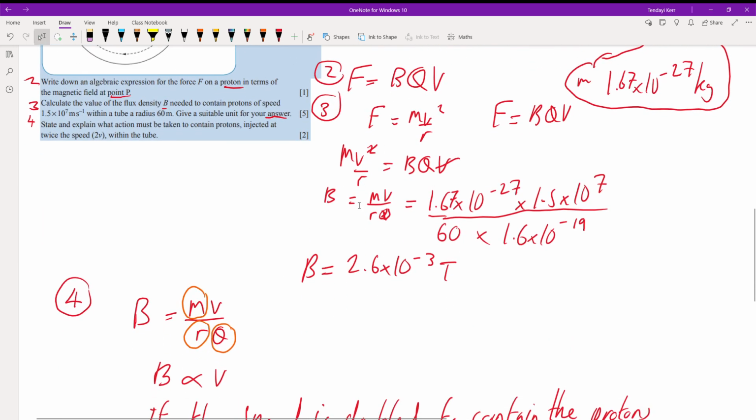When you've equated these two together, you shouldn't be surprised that the final question, if there's an explanation question, is going to link to what would happen if you increase B, or what would happen if you increase the speed, or something along those lines. And then to explain the answer, just introduce that proportionality. So what's being kept constant, and then a statement. And then that gets you the marks.